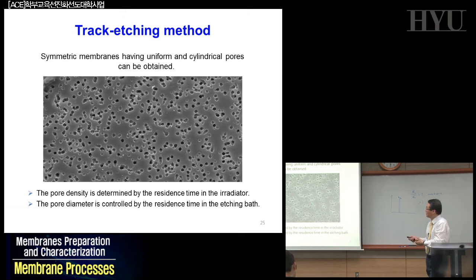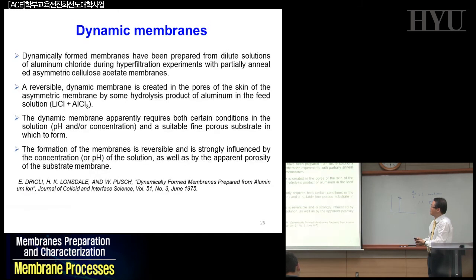So you can have a very definite molecular separation using this track etch membrane. This is widely used in biomedical applications. There are only a few countries making these track etch membranes, but polycarbonate is one very important example. PET, polyethylene terephthalate, and polycarbonate are, I guess, two examples that you can use.